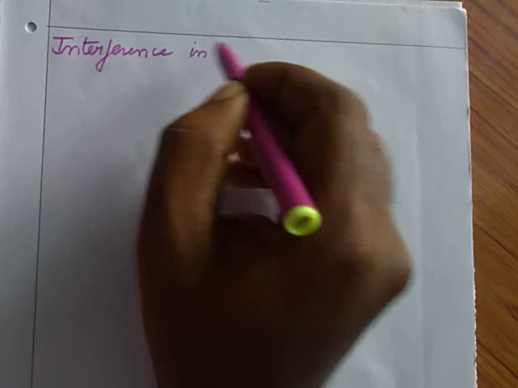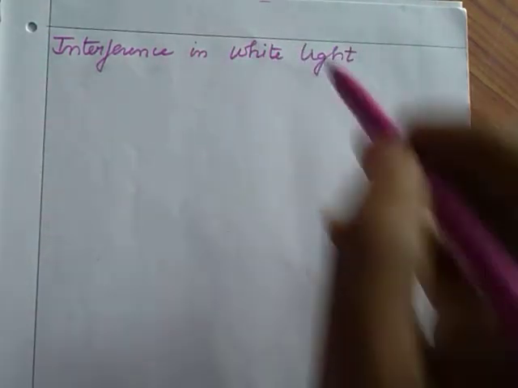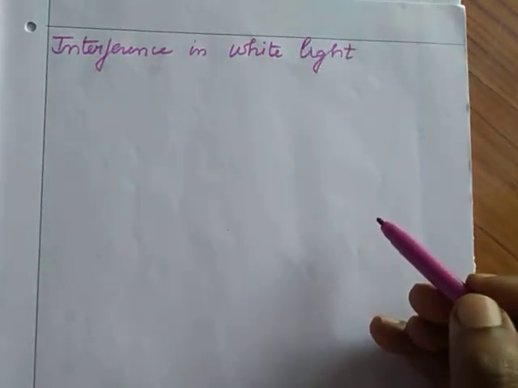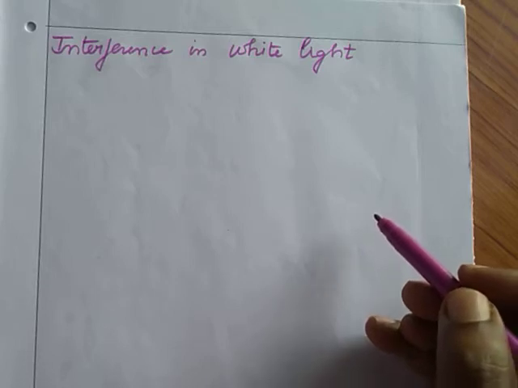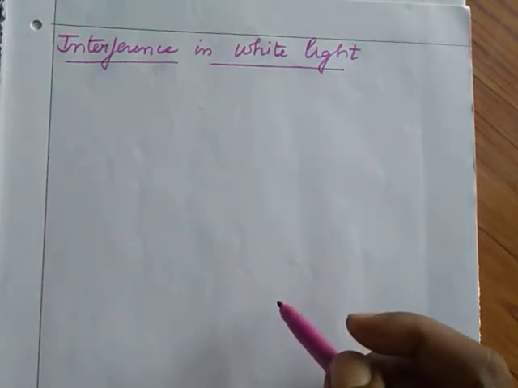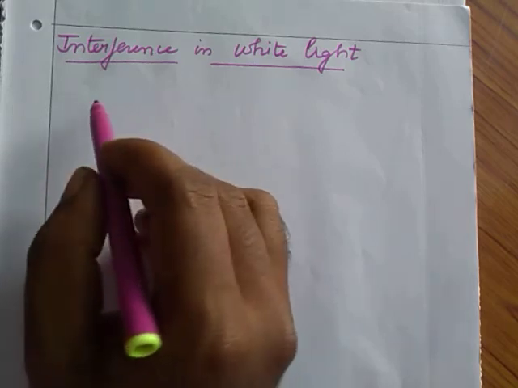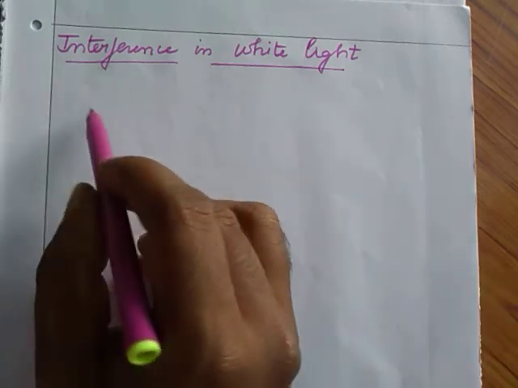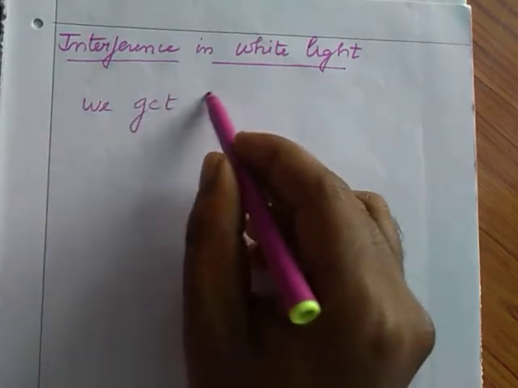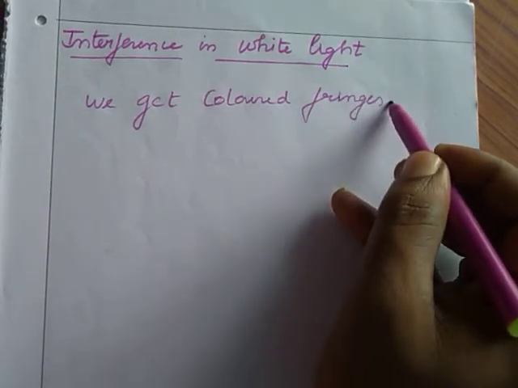Interference in white light. White light is also said to be polychromatic light, because in white light all the 7 colors are there. If, instead of monochromatic light in Young's double slit experiment, we use white light, then we get an interference pattern in colored fringes, or colored bands.